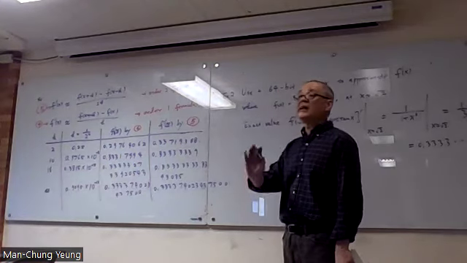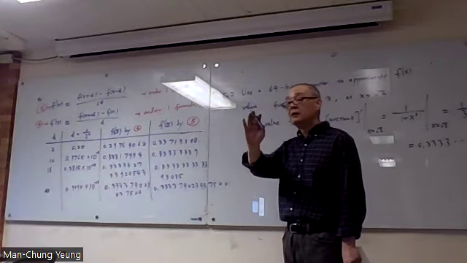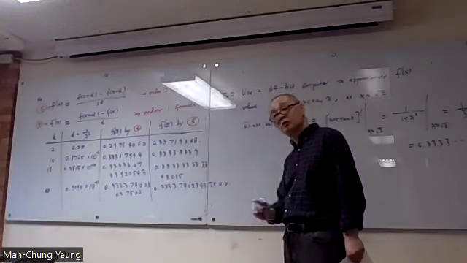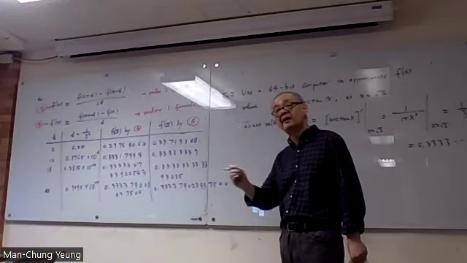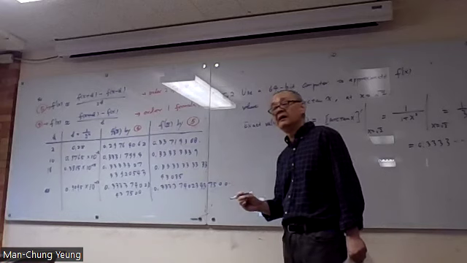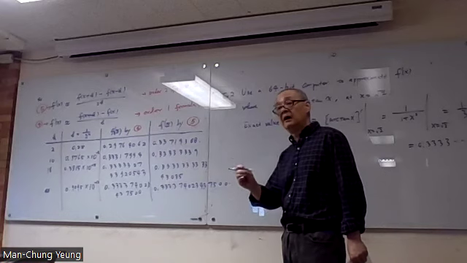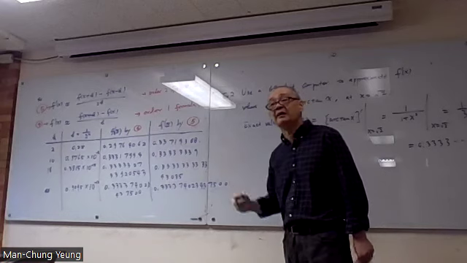Yeah, h cannot be too small. If it is too small, then round-off errors take effect on your computation.